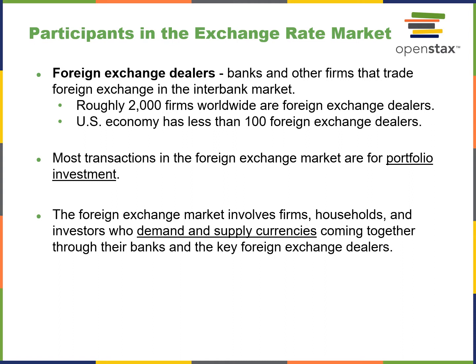We have fewer than 100 foreign exchange dealers here, many of them foreign banks domiciled in the United States. Deutsche Bank is a really good example, and BBVA, which is Compass Bank, is a Spanish bank. They do something similar.